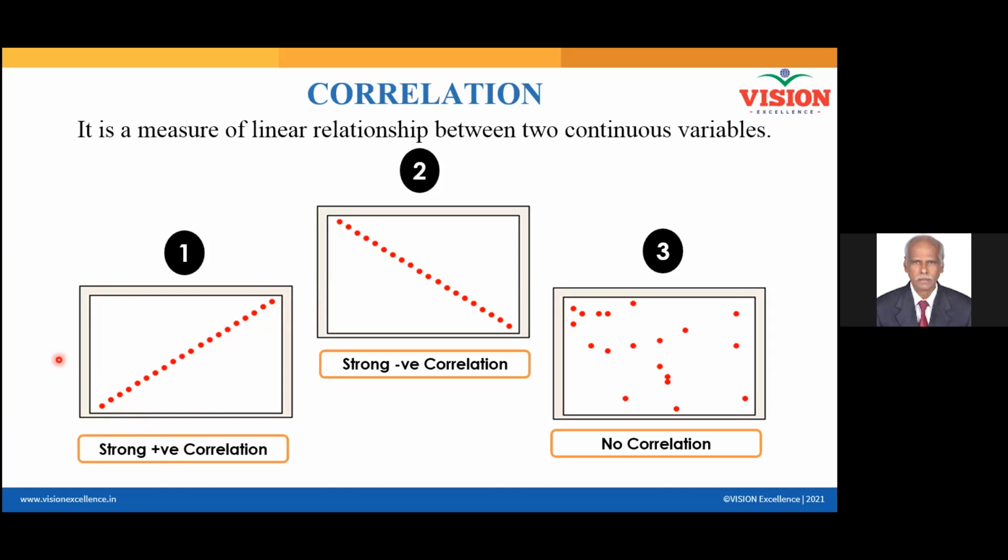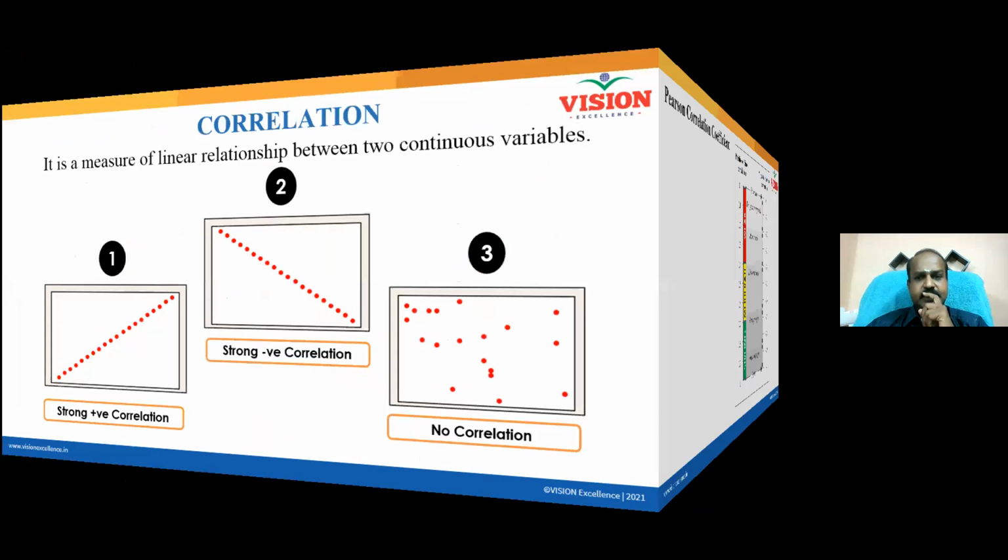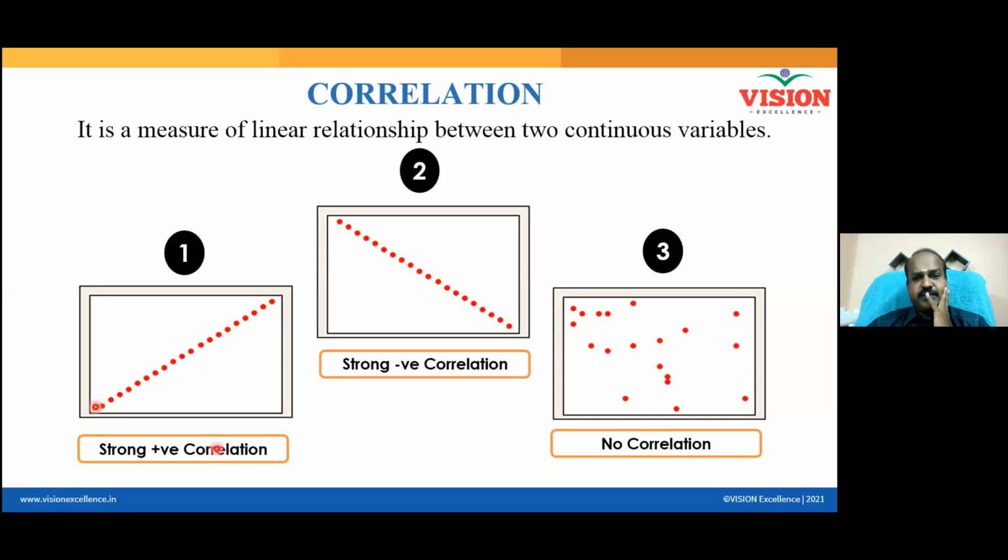You understand? Whenever you see a pattern in the scatter diagram, please understand your y variable is controlled by the x variable. And if they are in a perfect straight line, we call it perfect correlation. So correlation is a study of linearity.